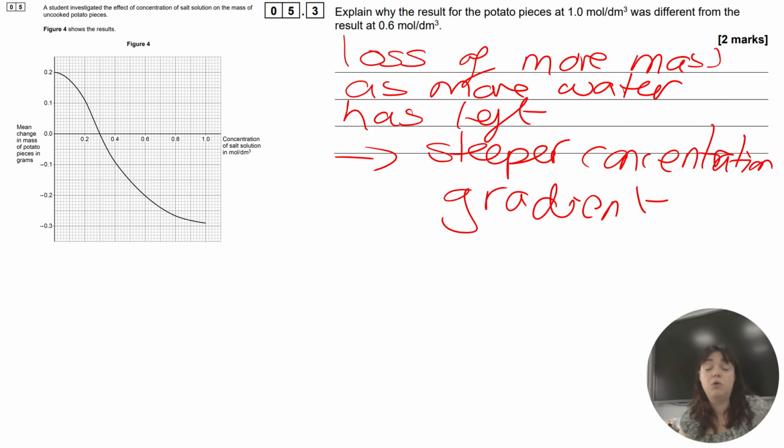The solution is more concentrated. That would be your second mark. Okay, you could also say more mass has been lost because more osmosis has occurred. That is also fine. So with that top bit, loss of more mass as more water has left, or you could say loss of more mass because there's more osmosis occurring. That is also fine.